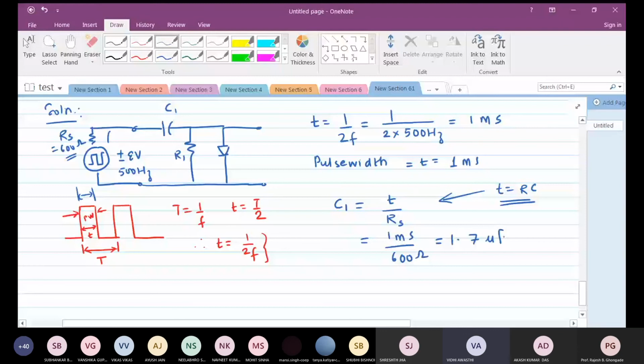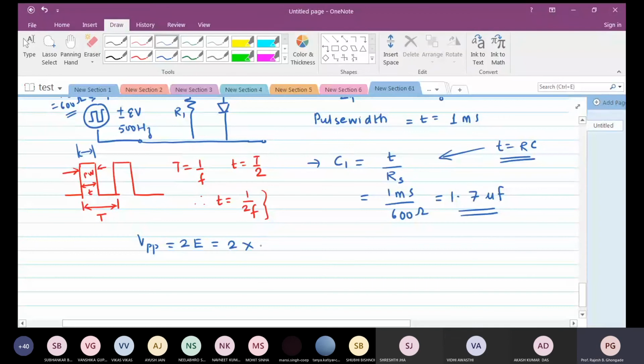So you are not audible. 2 into 8, that is 16 volts.